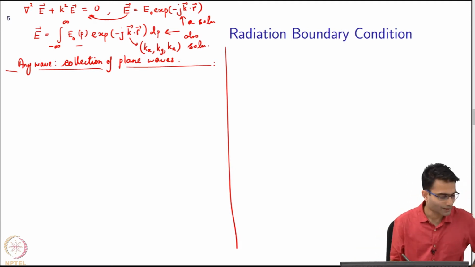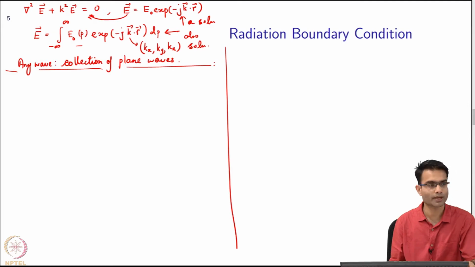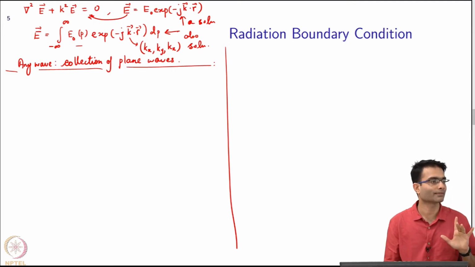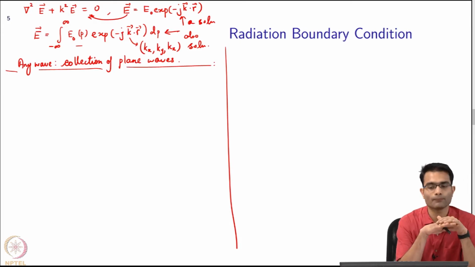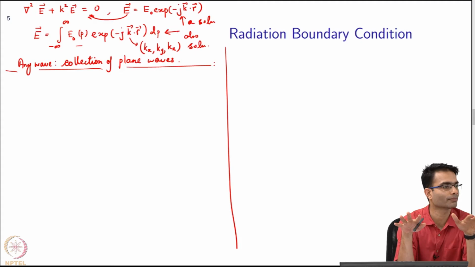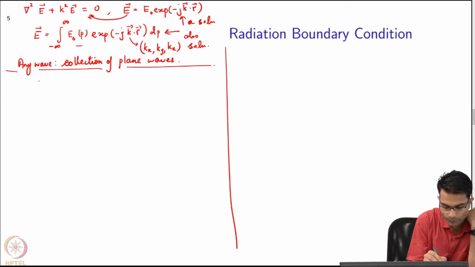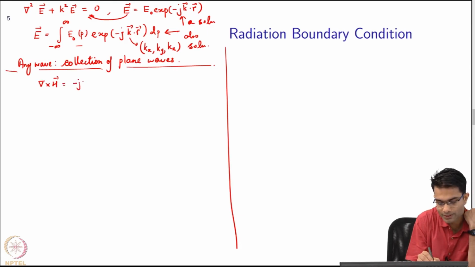Now let's go back to a wave that is traveling in a general direction k hat, in a homogeneous medium, where we know a plane wave is traveling. When I take the curl of H, it is equal to j omega epsilon times the entire E vector.